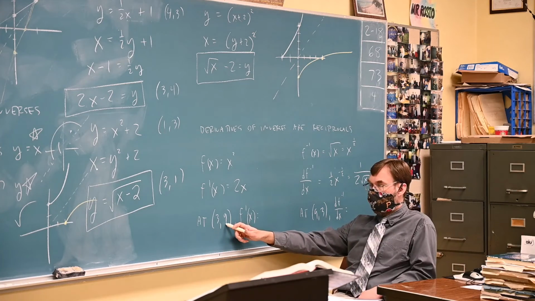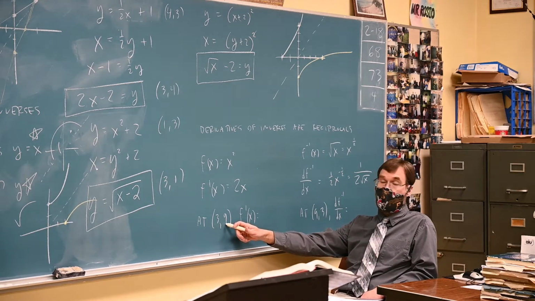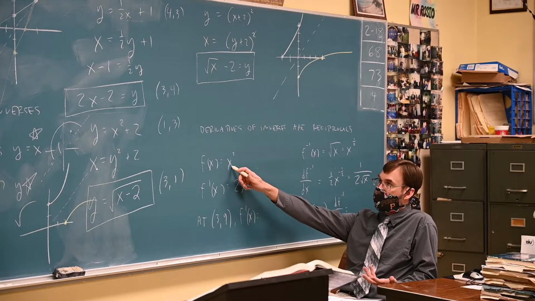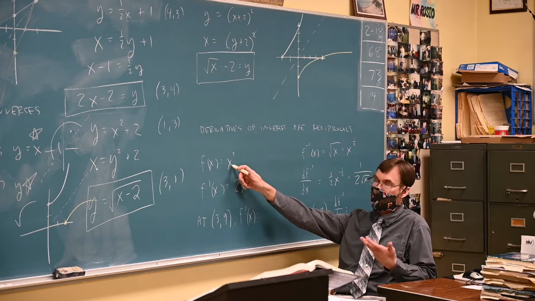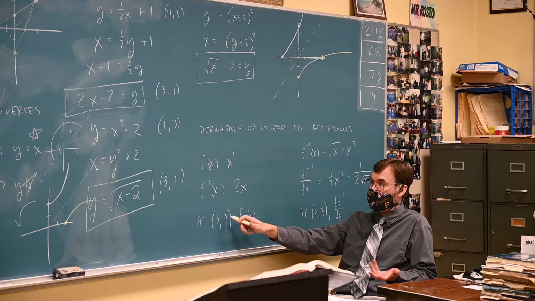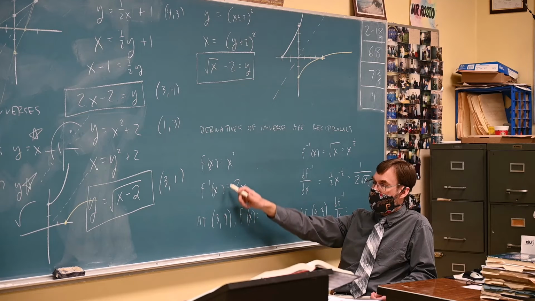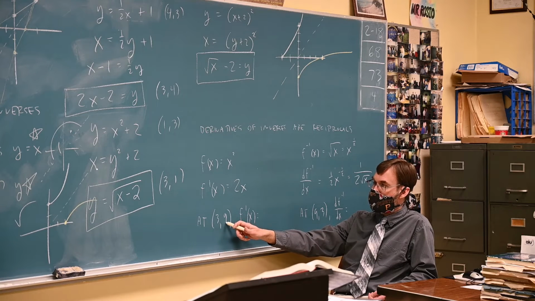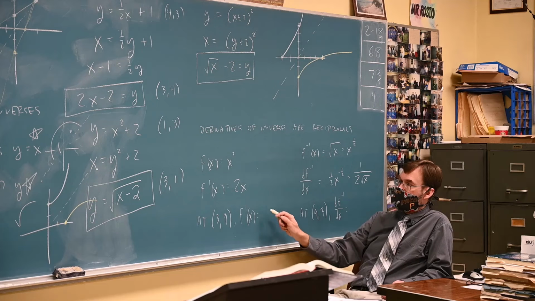In regular world, we might be considering a point like 3, 9. I just randomly picked one that would work. Like 3 squared is 9, so I just grabbed something that's not too hard to deal with. If in regular world we're dealing with the point 3, 9, this would take on the value of 6.